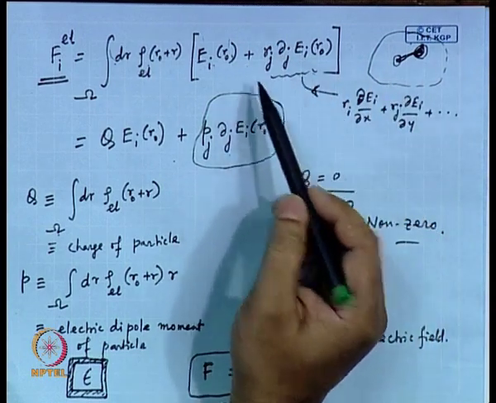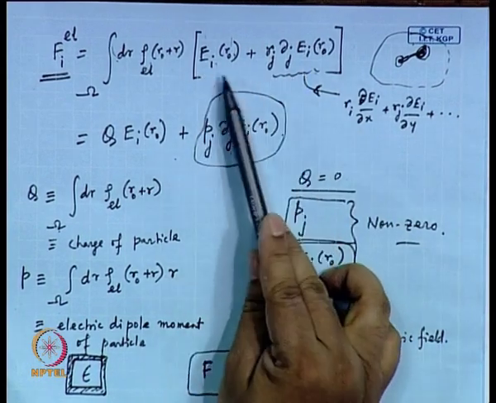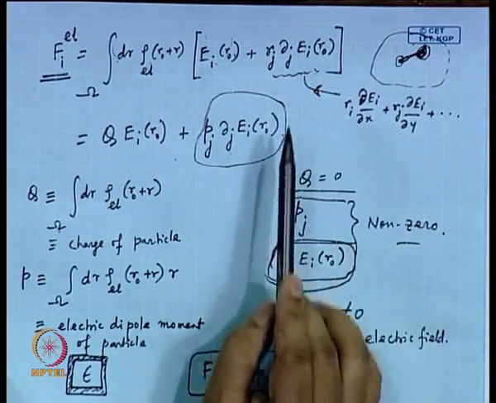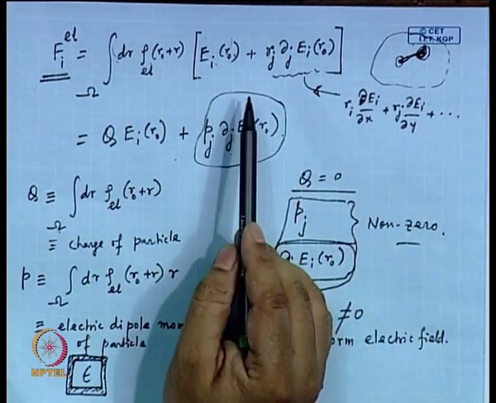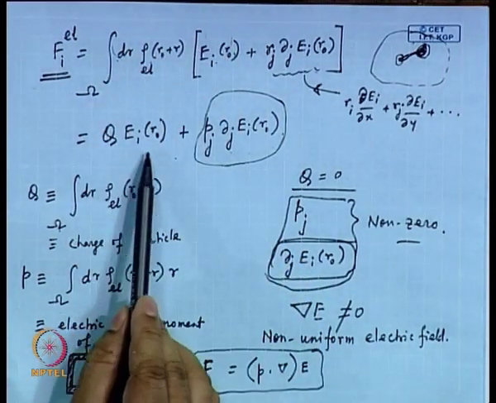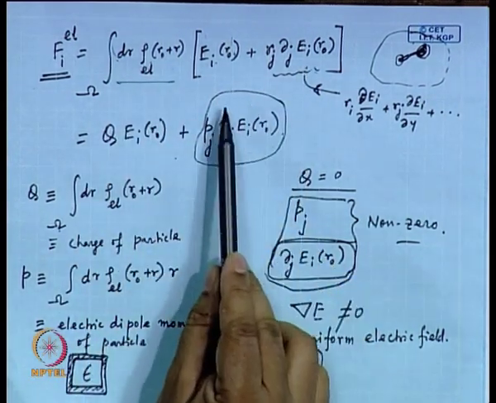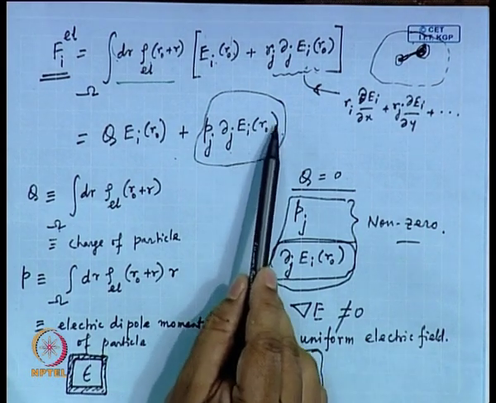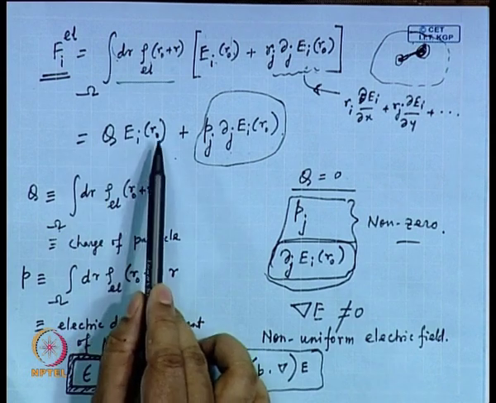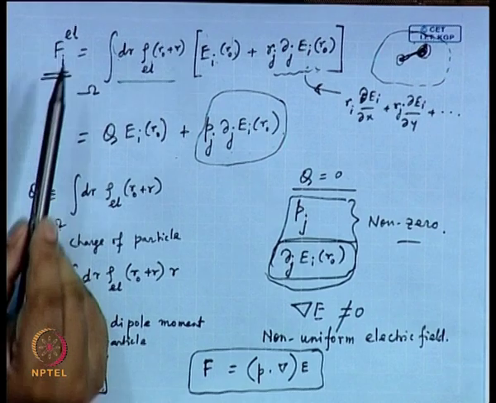Since it is a multivariable system, with i, j and k involved, this is a Taylor series expansion in a multivariable sense. Then we have written this product as Q into Ei(r0), and the other product as Pj del j Ei(r0). So this is one term and this is another term. This is how we have written the ith component of the force arising from this electric field.